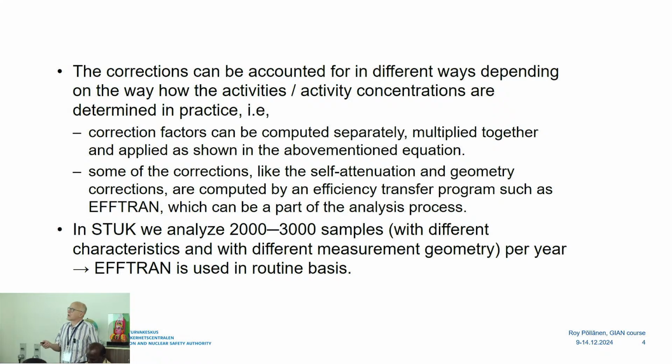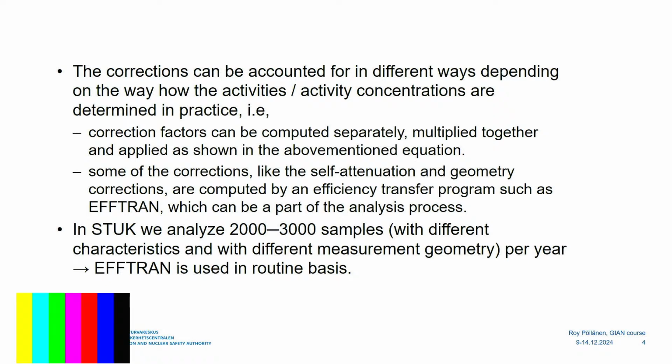These corrections can be taken into account in different ways, depending on how the activities or activity concentrations are determined in practice. So these correction factors can be computed separately, multiplied together, and applied as shown in the above-mentioned equations.